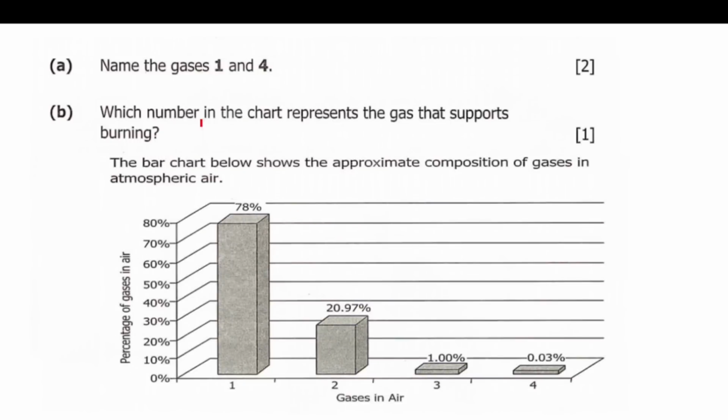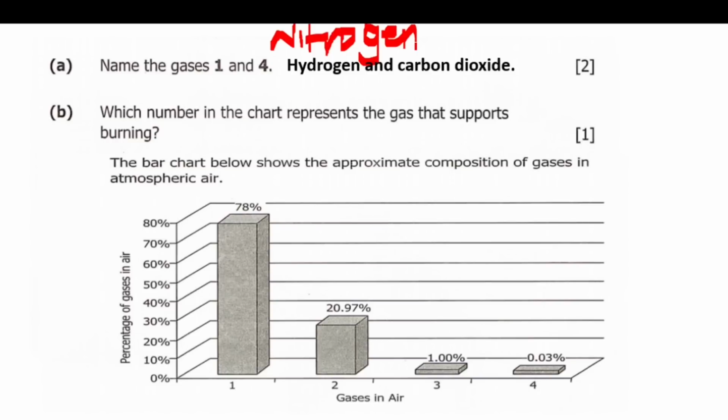Let's start answering now. Name the gas 1 and 4. So gas 1, which is 78%, is nitrogen. And then gas 4, which is 0.03%, is carbon dioxide.